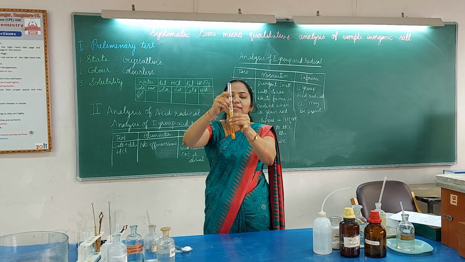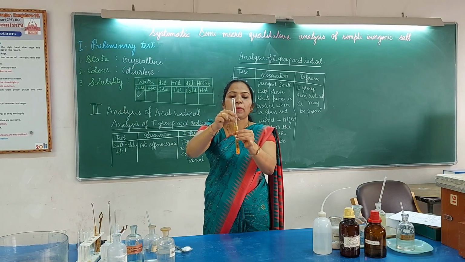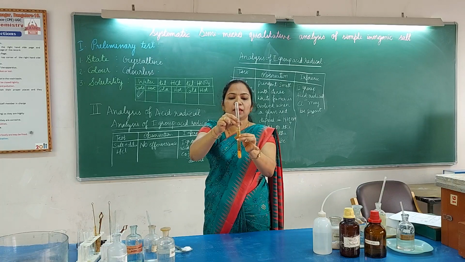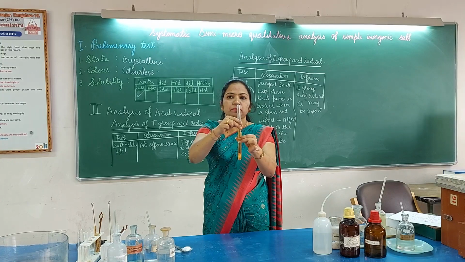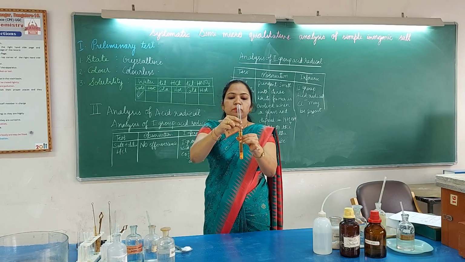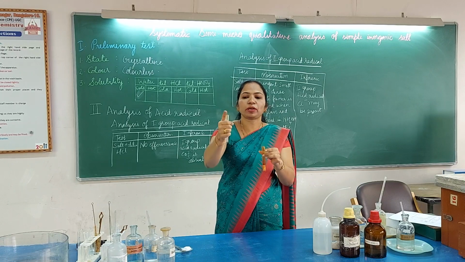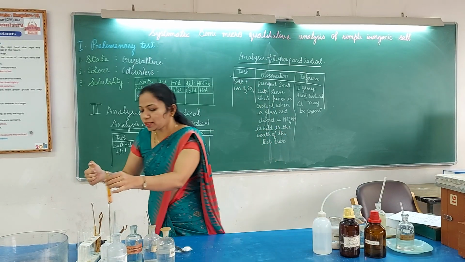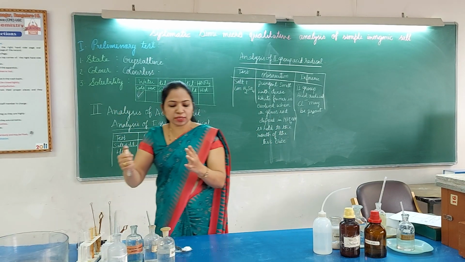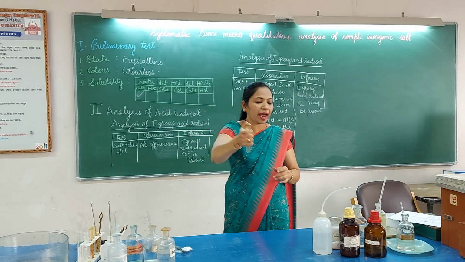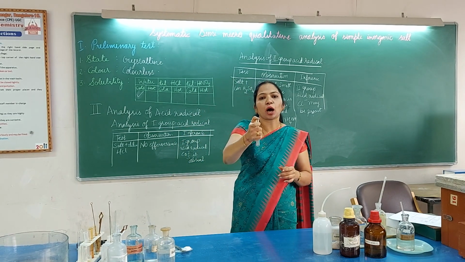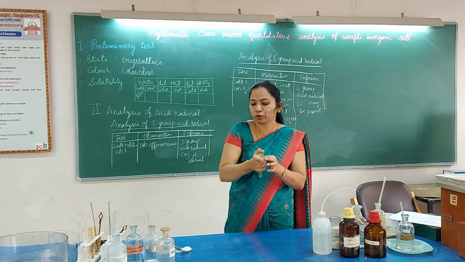You have to collect them in another test tube by inverting it over the reaction which is taking place. So the fumes are already being collected. I just close the mouth of this, and to this I am going to add sodium hydroxide solution.